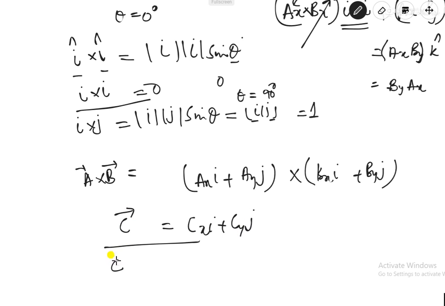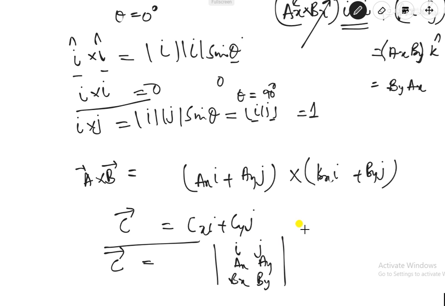This resultant vector can be written like this, and this is called a determinant matrix: Ax Ay, Bx By, right? So this is the 2D matrix.